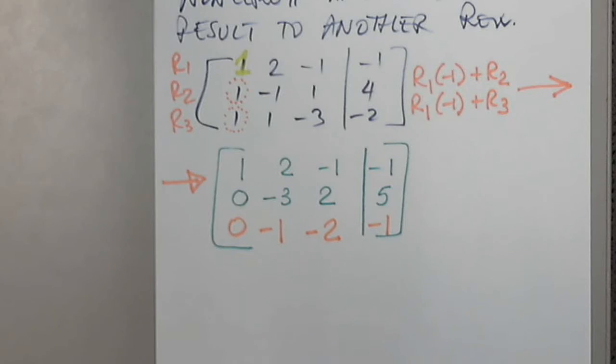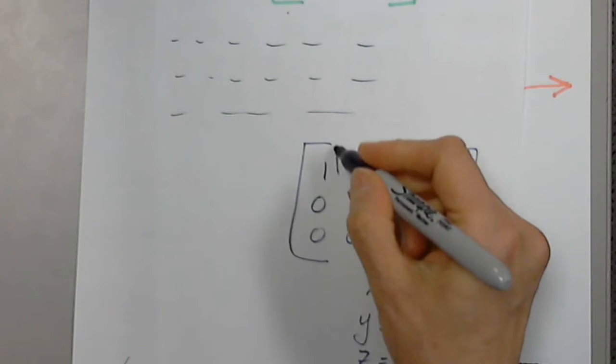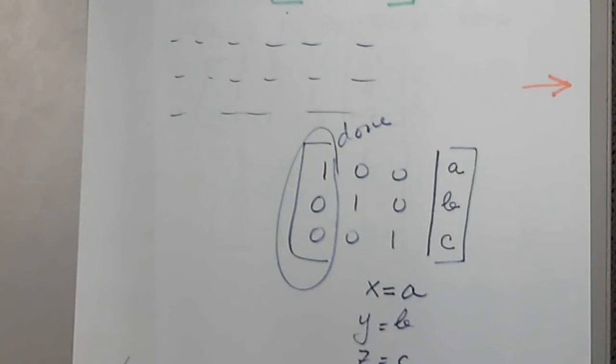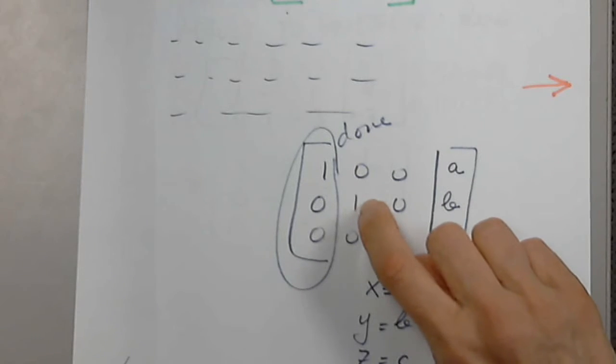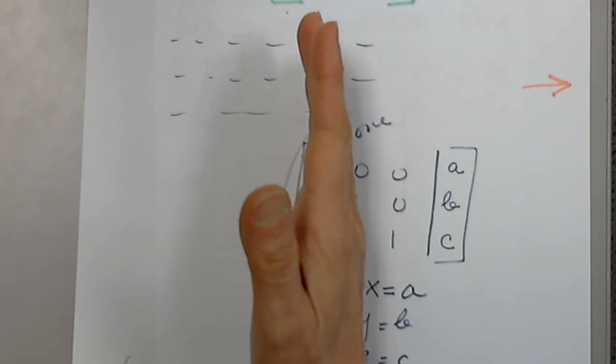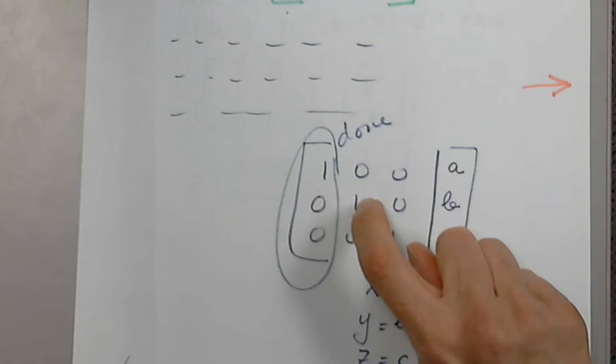What have we accomplished? Let me show you what we have accomplished. I accomplished this. This is done. Now I'm here. I have to accomplish the 1 first in each column, step by step. I'm done with the first column. I cannot go back and change anything there. So now I have to accomplish this 1.